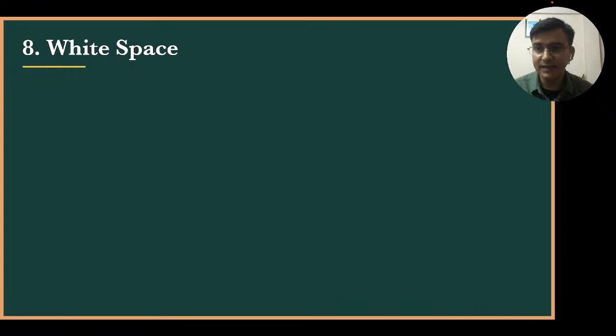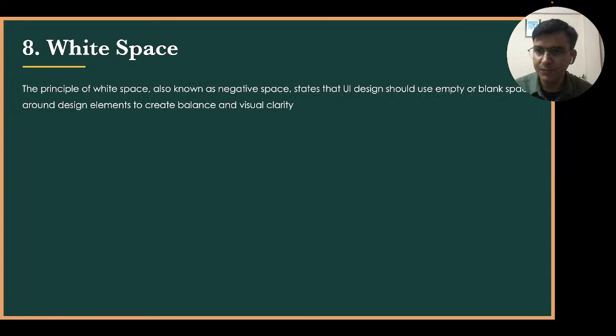All right. So next is white space. White space is also known as negative space. So let's talk about it. The principle of white space, also known as negative space, states that UI design should use empty or blank space around design elements to create balance and visual clarity.